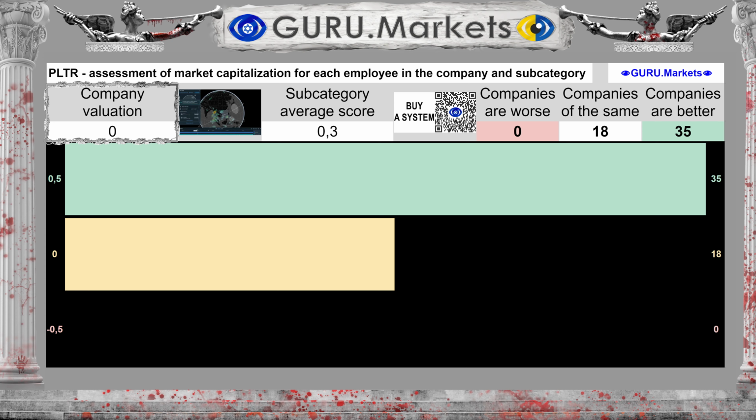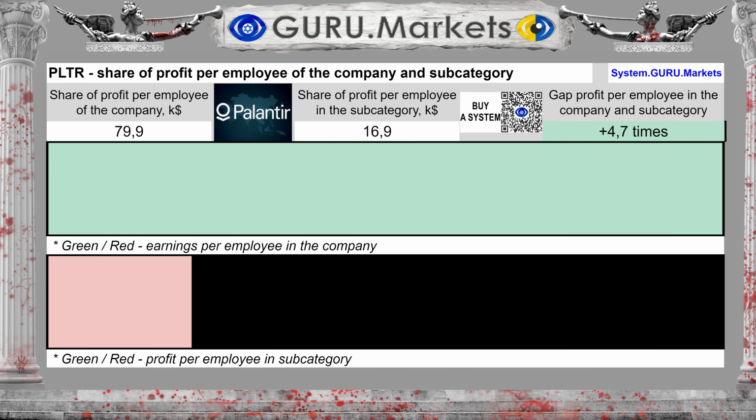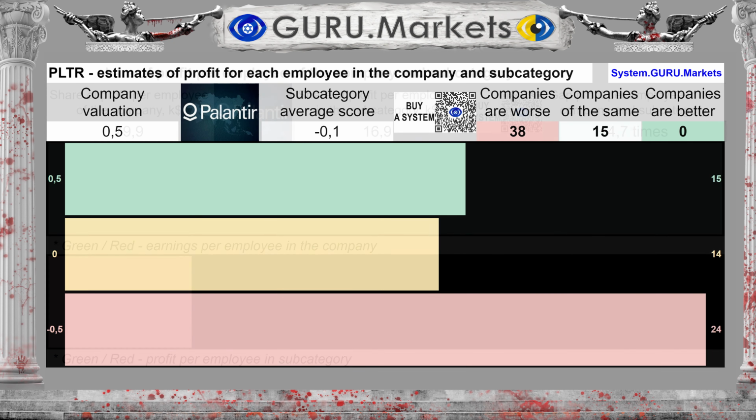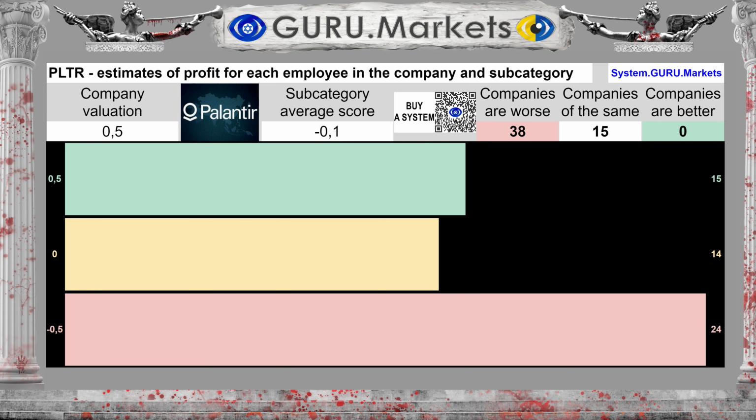Tolerable, 0 points. The amount of profit per employee is $79,900. Average for the subcategory, $16,900. The difference between the subcategory average and the company's performance is 373%. Estimation of profit per individual employee in comparison with companies in the subcategory: good, 0.5 points.